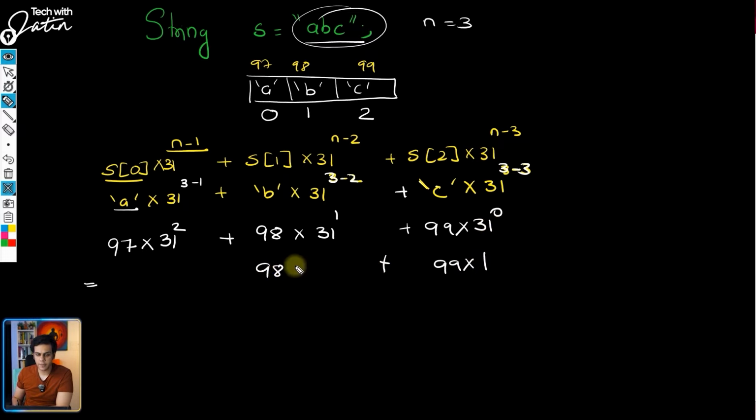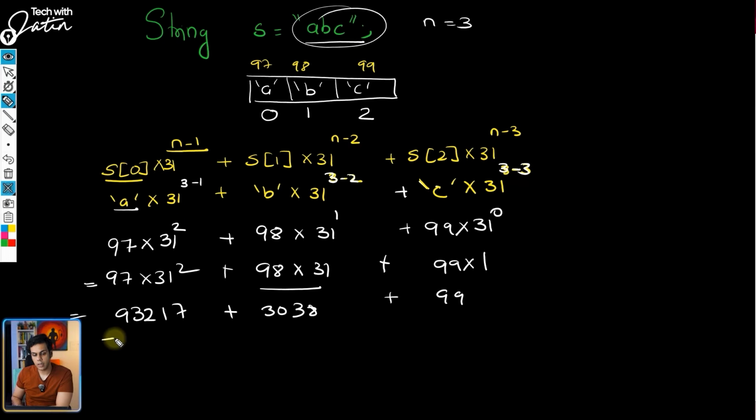So 99 plus 98 into 31, which is 3038, plus 97 into 31 square, which is 93217, and the final value should be 96354. So this will be the hash code of the string ABC. All right, so this is how the hash code gets calculated.